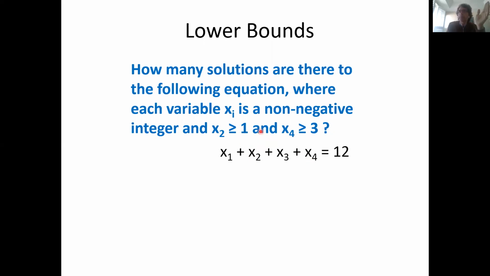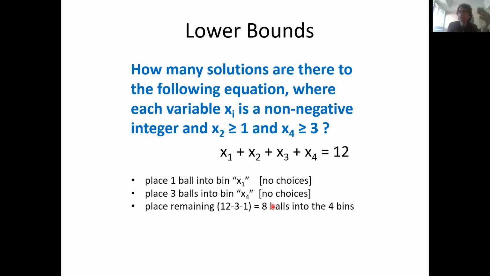So 1 plus 3, I take 4 units deterministically. I have how many remaining? 8. And I can freely choose them anywhere, so it's really a choice of 8 balls into 4 bins. So it just reduces to the original formula, but with a reduced budget. All right, 4 were gone to satisfy these constraints.